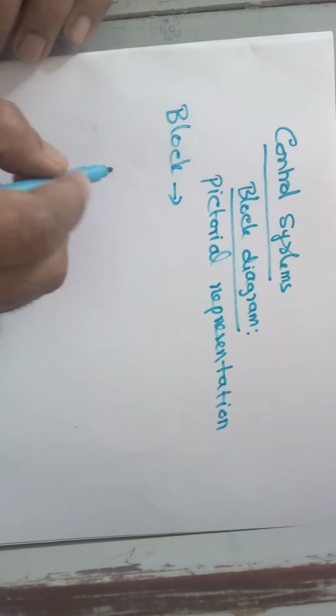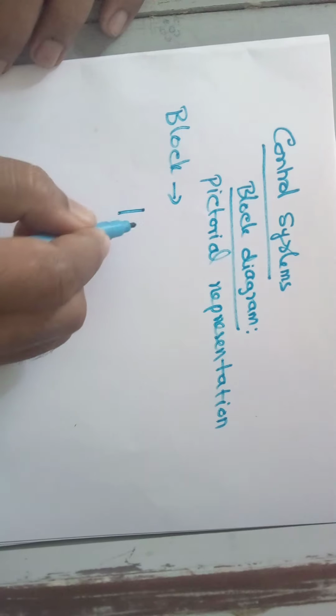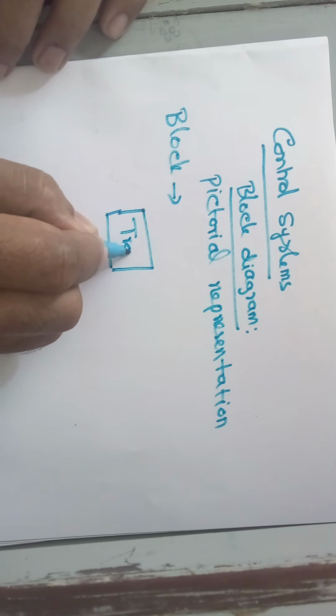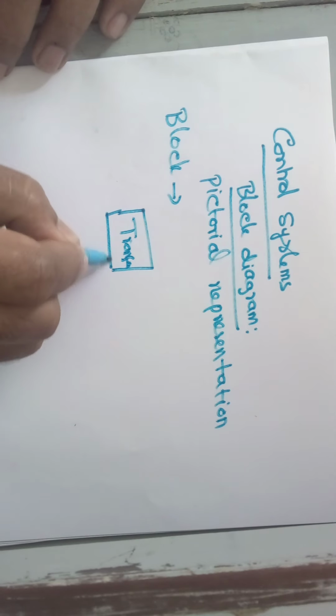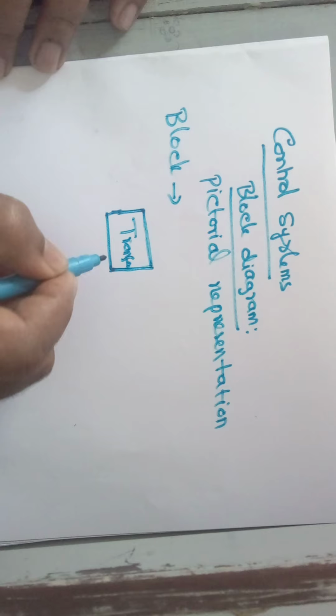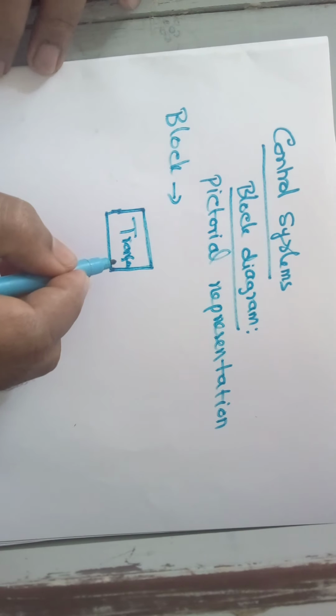For example, you just see, here you are having a transfer function, so this is a block, right? This block represents the transfer function or the functions performed by the control system.